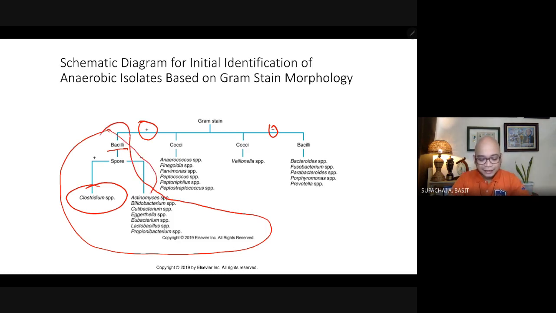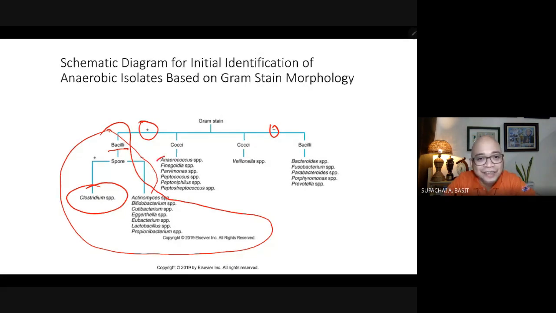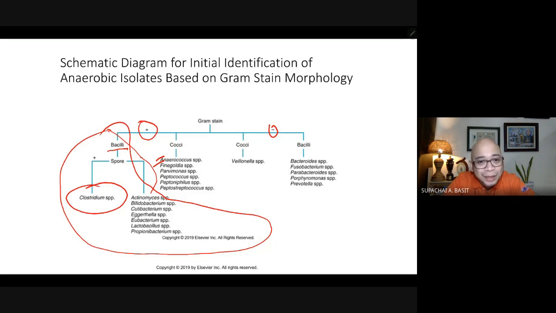And then we also have the gram-positive anaerobic cocci, which include Anaerococcus, Finegoldia, Parvimonas, Peptococcus, Peptoniphilus, and Peptostreptococcus.